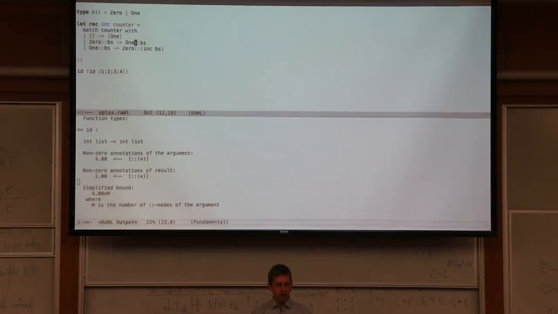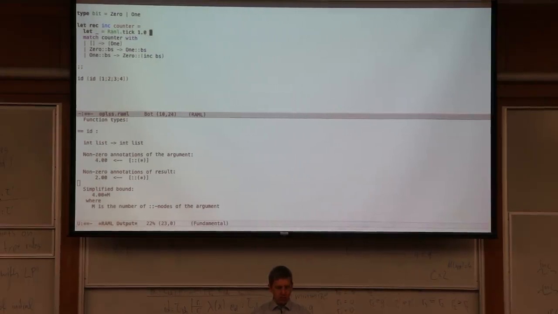Here we have a flip from 0 to 1, here from 1 to 0, and here we have to create a new one. We also count that as a flip, let's say. So we just put in a tick here at the beginning, so cost 1 for every call to this inc function.